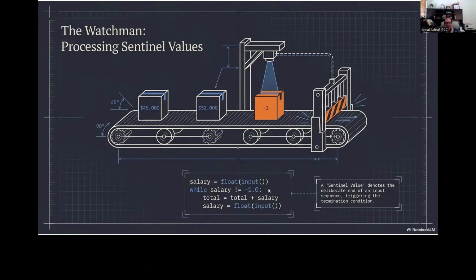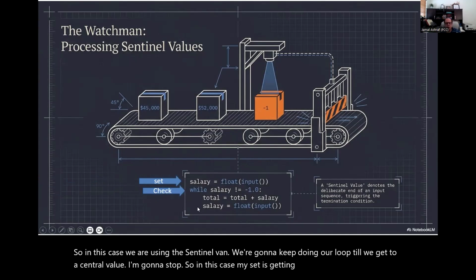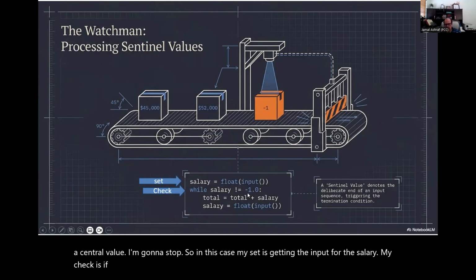So in this case, we are using the sentinel value. We're going to keep doing our loop till we get to a sentinel value, and then we're going to stop. In this case, my set is getting the input for the salary. My check is if the input is not -1, and the change is I'm going to get the input again.